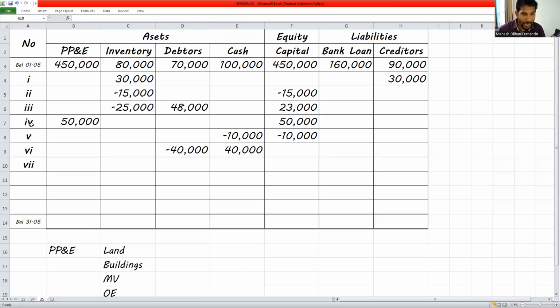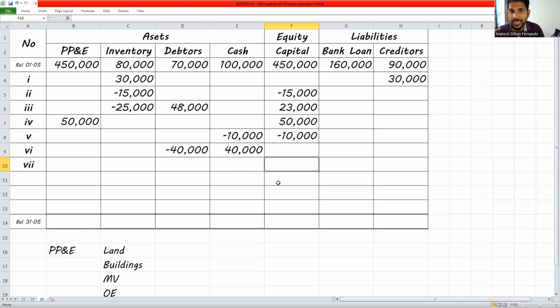Number 7. Look at this one. Inventory value 20,000 damaged by fire. Who can tell me how to record this? What happens when you lose something by fire? It generates a loss. And losses are deducted from the capital. But once again, I want you to go through this recorded session very carefully.